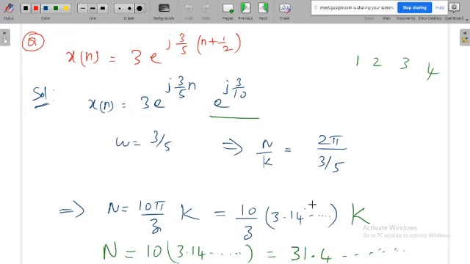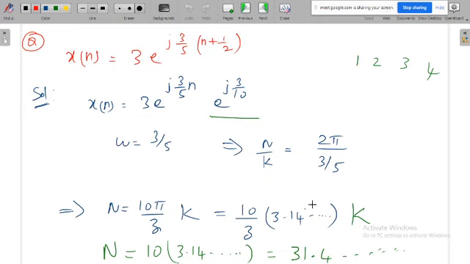Lastly we'll see one more problem, a non-sinusoidal problem. Then we'll wind up. Now a non-sinusoidal signal is given. Find the period of the discrete signal.